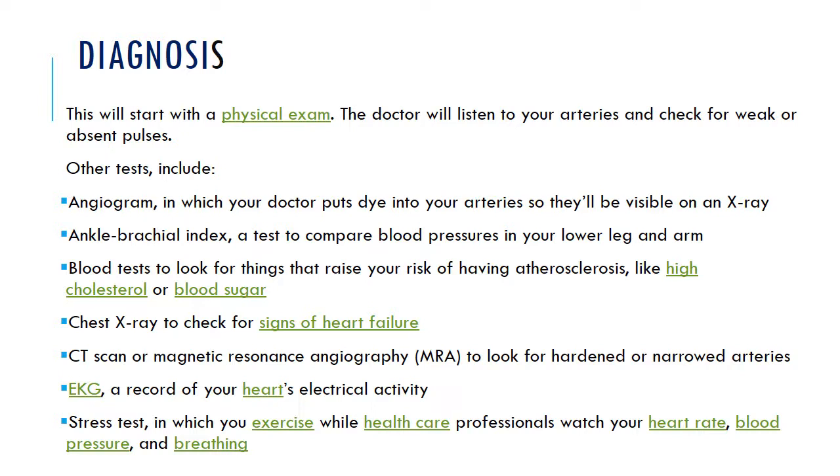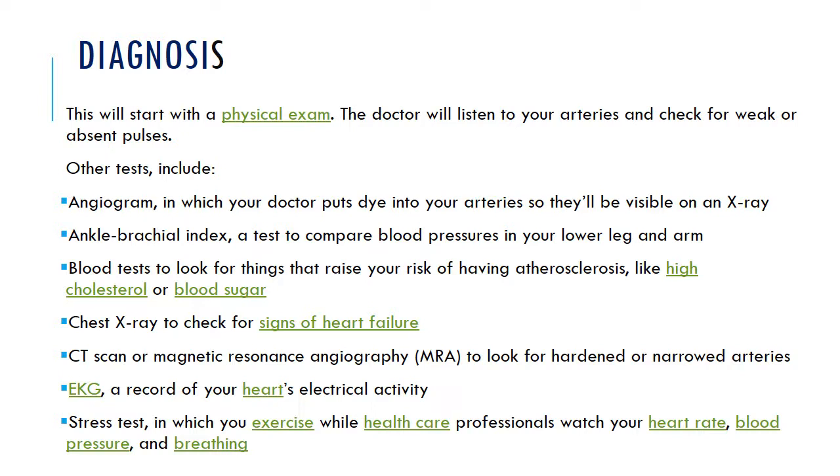Now, not just this will be sufficient to diagnose a particular disease, but apart from this, the other tests will also include an angiogram, where the patient will be directed to a cardiologist, and the arteries will be looked at under x-rays.